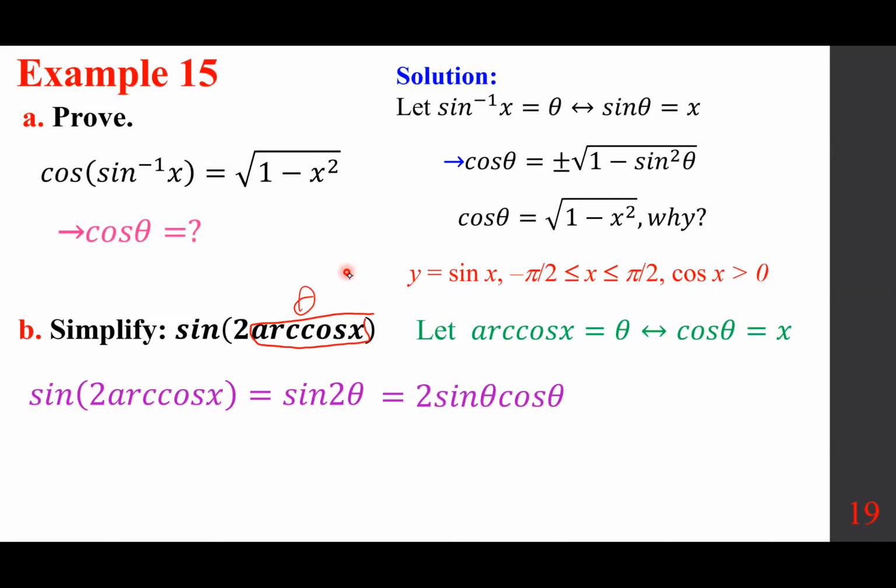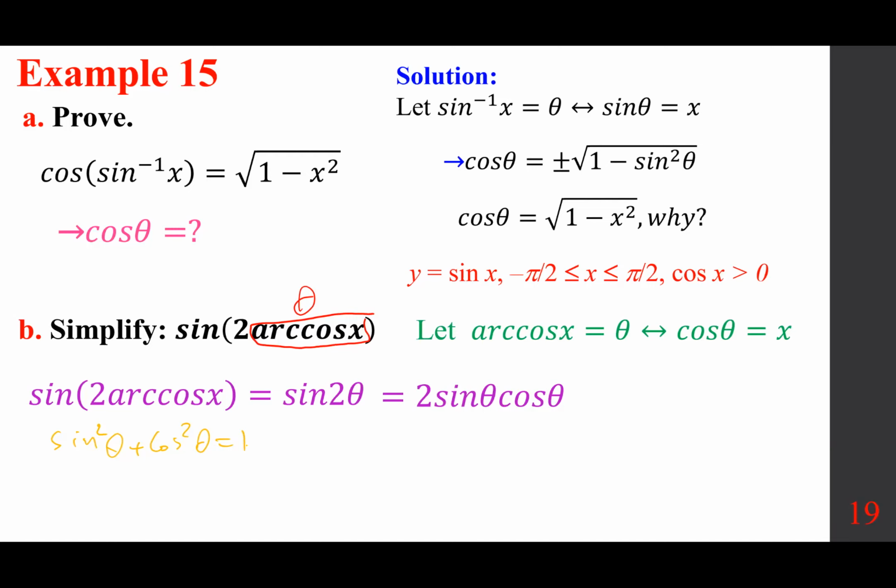And by the same token that we said sine squared plus cosine squared equals 1, again, I remind you of that. Then cosine is plus or minus the square root of 1 minus sine squared, and sine is plus or minus the square root of 1 minus cosine squared.